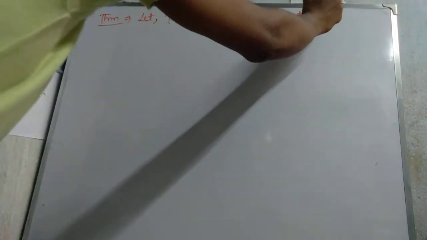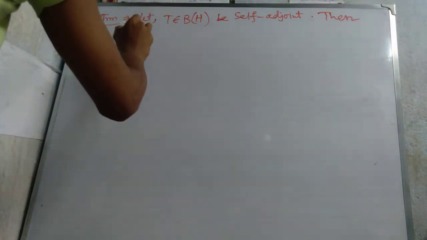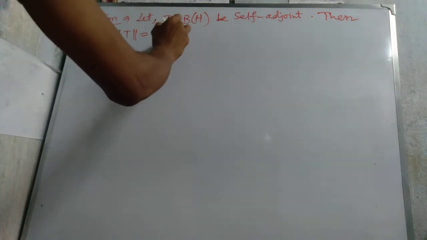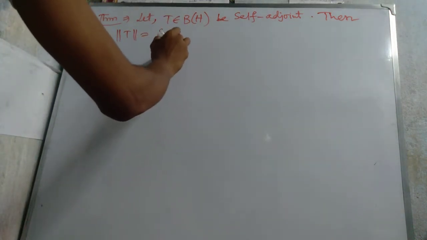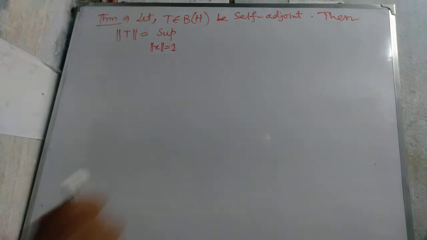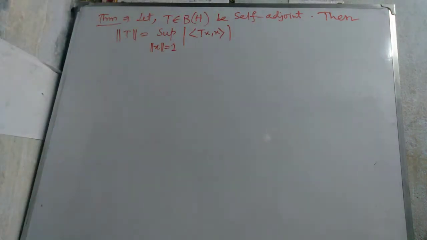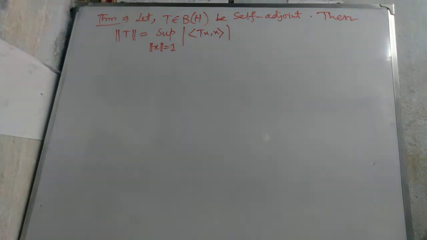Then what happened? Then norm of T equals the supremum over norm of x equal to 1 of the norm of Tx. This is the theorem we have to prove.